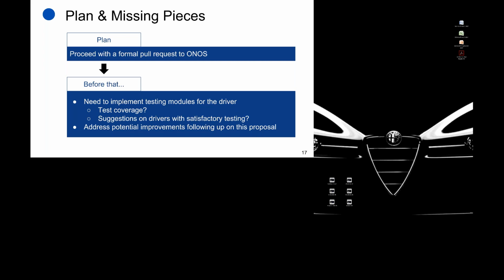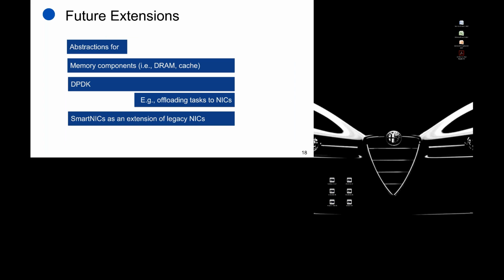Also, I would like to take advantage of this talk to get your feedback, discuss, and come back to you with an enhanced version of the driver, which addresses some of your comments and concerns. Some other future extensions that could be added as functionality in the current driver are, for example, how do we incorporate memory components such as DRAM or cache as devices in a server.